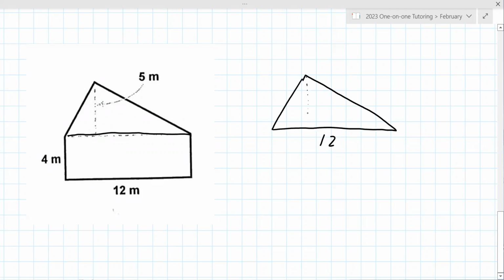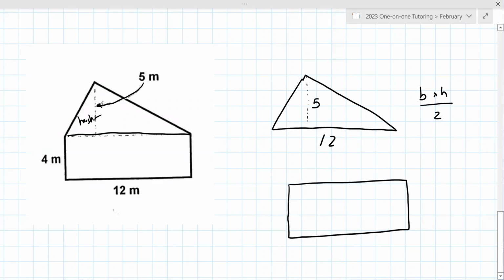And then what is the height? Do you see where that's pointing to the height? It's 5. So it's 12 times 5, divided by 2. It's base times height divided by 2. So that's 30. 30 meters squared. That's right.